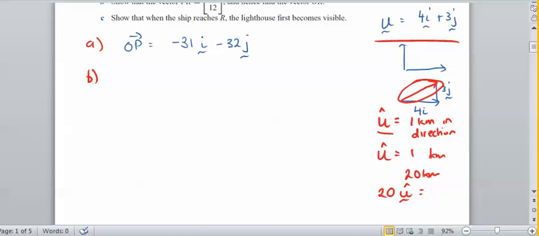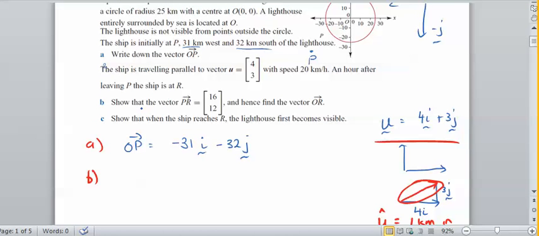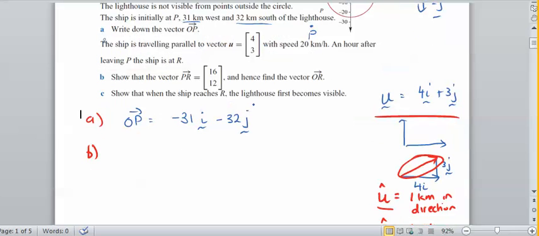So we're starting to put some application to it. Show that the vector PR is equal to 16 over 12. The ship's traveling at this speed, and an hour after leaving, the ship is at R. Let's work out how long it's going to travel in an hour. In 1 hour, it's going to travel 20 kilometers.